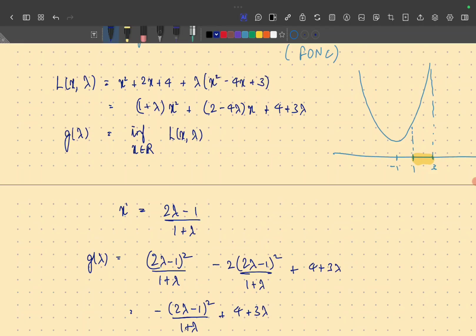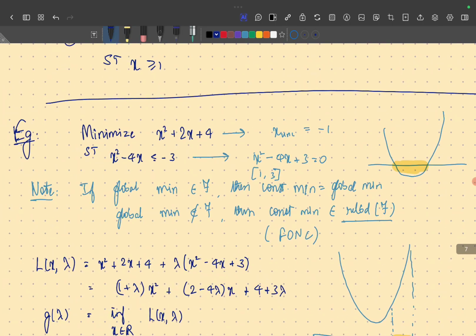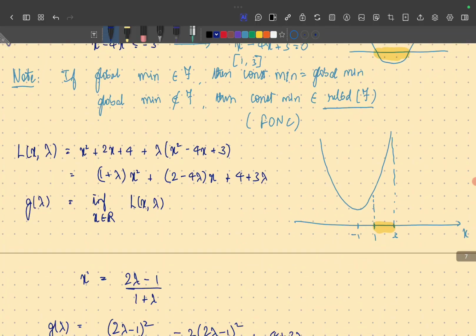Why? The objective function is convex and you want Slater's condition to be satisfied. So there should be some interior point for which the constraint is satisfied with strict inequality, and that happens. So you take any point strictly between 1 and 3. That's good enough.